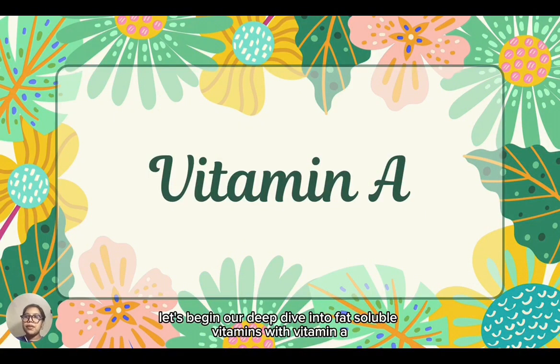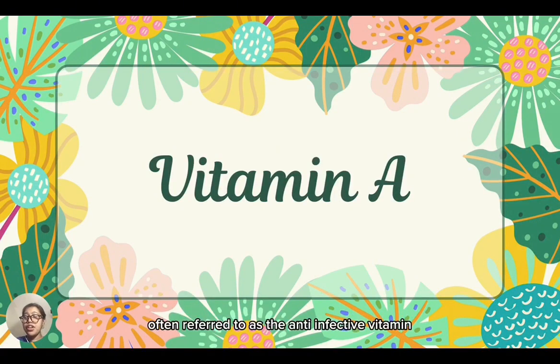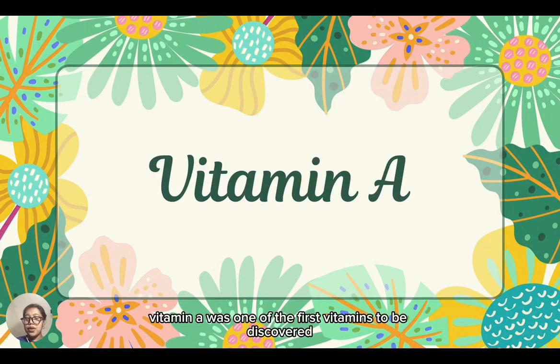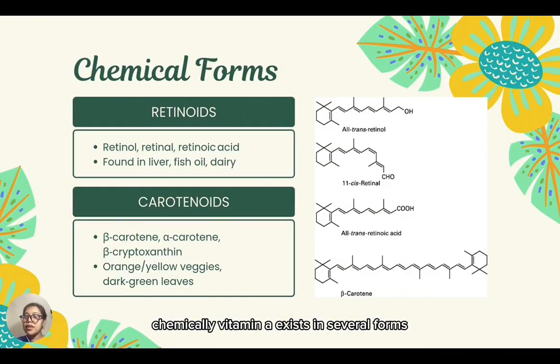Let's begin our deep dive into fat soluble vitamins with vitamin A, a key player in vision, immunity, and cellular health. Often referred to as the anti-infective vitamin, vitamin A was one of the first vitamins to be discovered, and for good reason. Chemically, vitamin A exists in several forms.